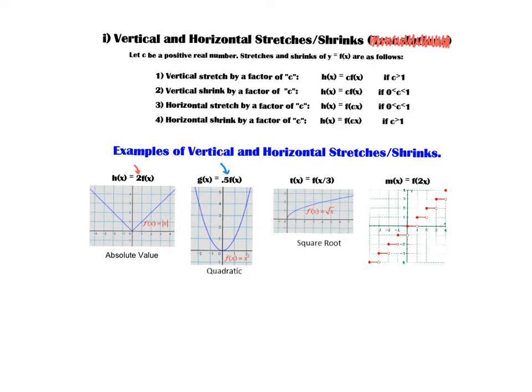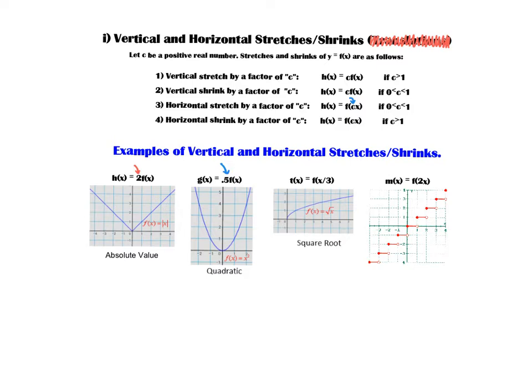Okay, t of x would represent a horizontal stretch. So in this case, c for t of x is 1/3. So you can see in rule number 3, a horizontal stretch by a factor of c is if c inside the function, again, horizontal transformations happen inside the function, is between 0 and 1, we will have a stretch.